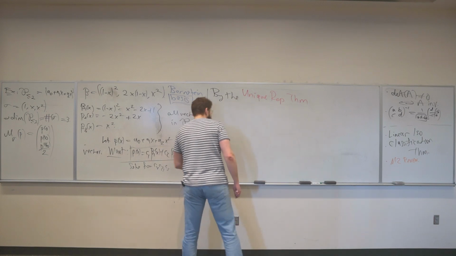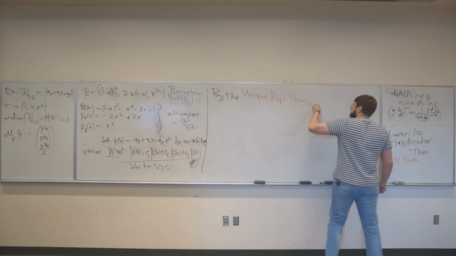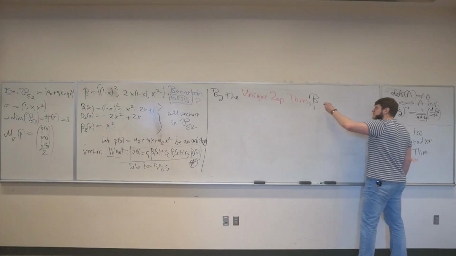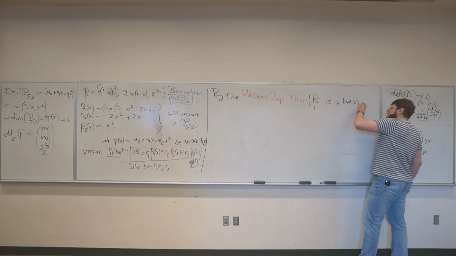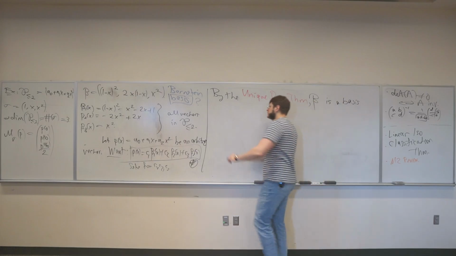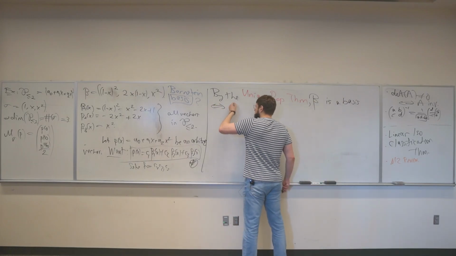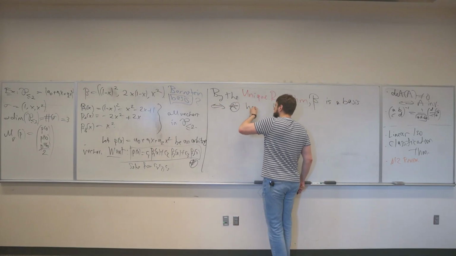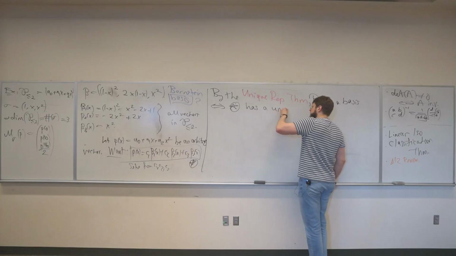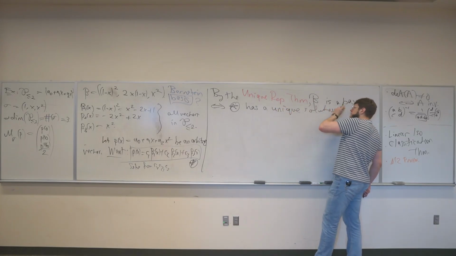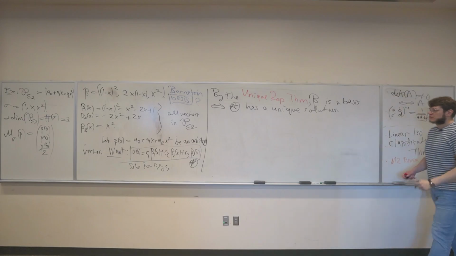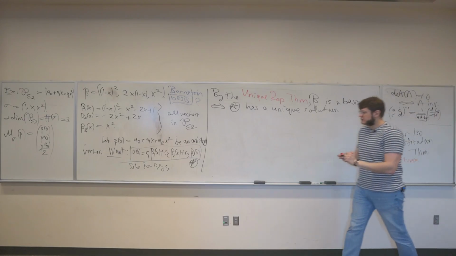This equation, that set or tuple of vectors is a basis, is equivalent to saying that star has a unique solution. Okay? So how do you figure that out?